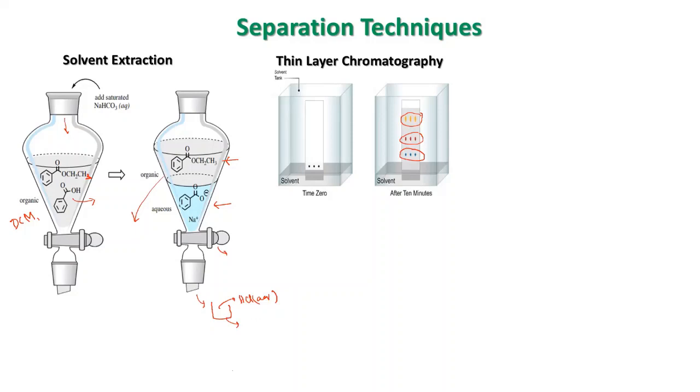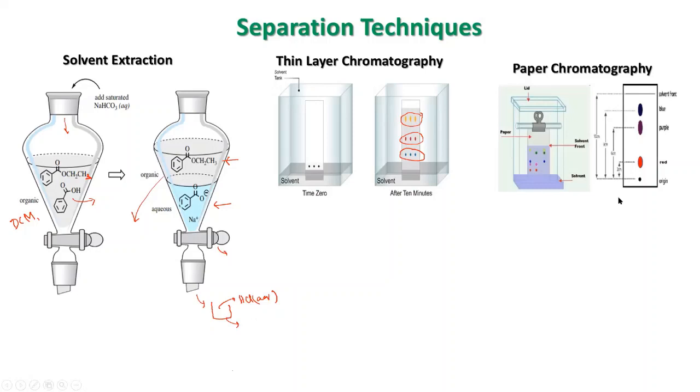But remember, this TLC, thin layer chromatography, is an indication. It can give an indication of how to do the separation, so you can utilize this technique to do the column chromatographic separation. A similar way of doing this is paper chromatography.